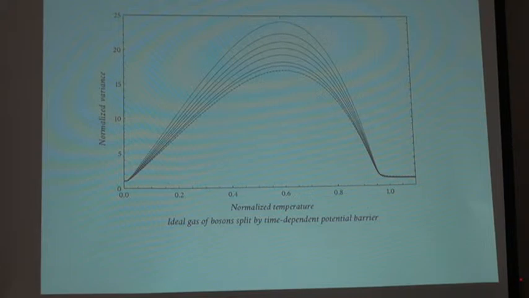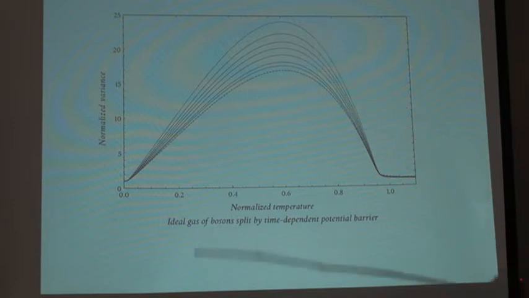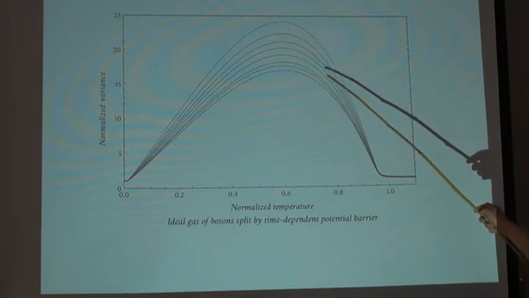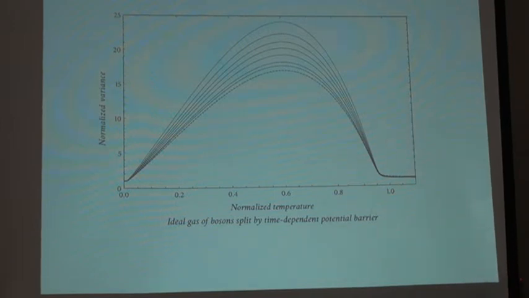In our model, U is linearly dependent on time, and there is a parameter of speed of splitting, and here we increase just the speed of splitting. Then for finite speed of splitting, not the adiabatic limit, you have to solve the time-dependent Schrödinger equation. There's no option, but you can choose.